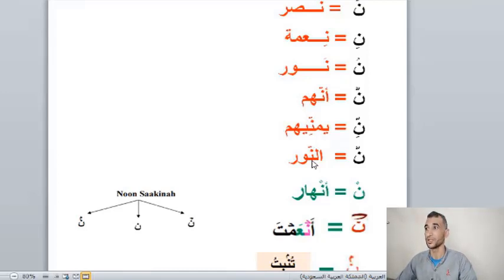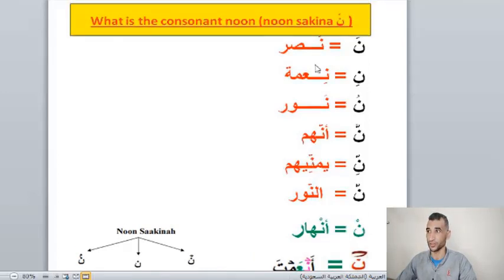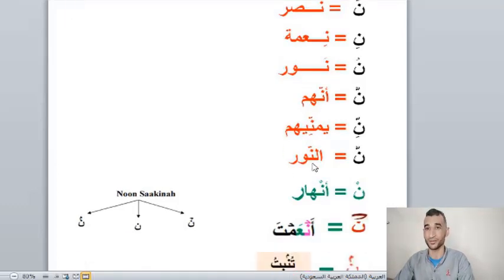So from the beginning, here this letter is na, and here ni, here nu, here anna, here yumanni, here annu. They are all not the consonant noon.